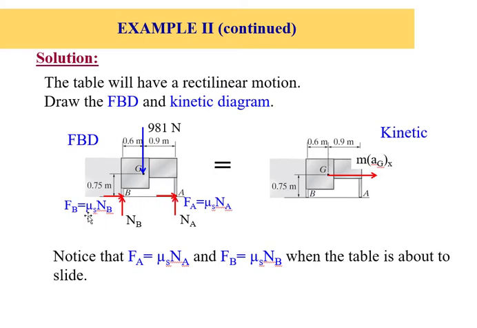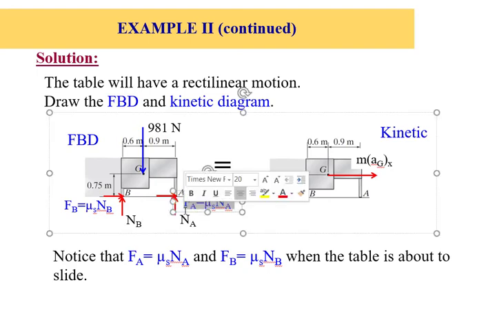Now, the frictional force that keeps this from moving, right? We assume it to be positive, and it is mu s multiplied by the reaction force at that leg, as well as for leg A. So we assume both of them to be to the right, and this is a true assumption because this is not sliding.